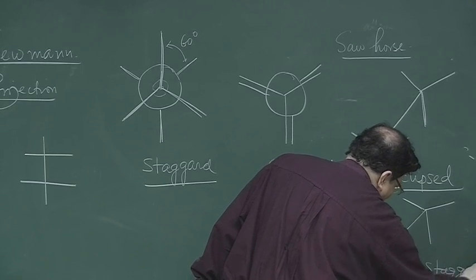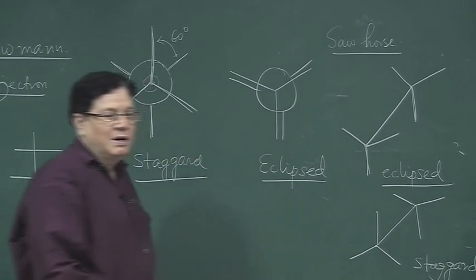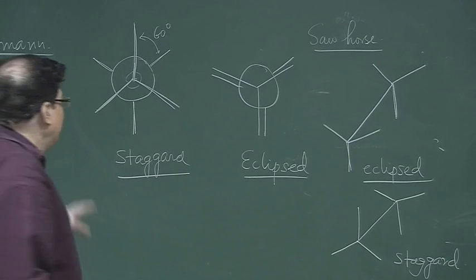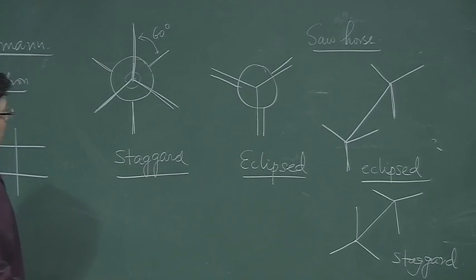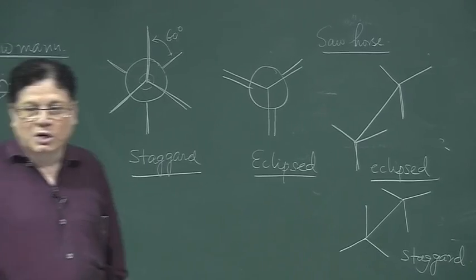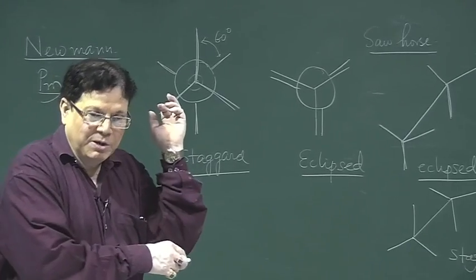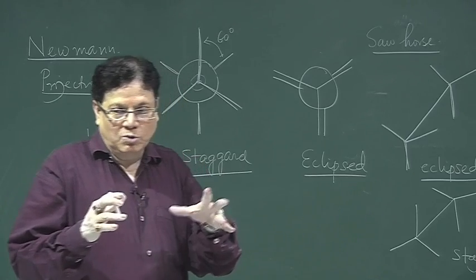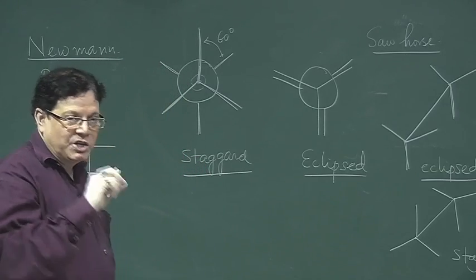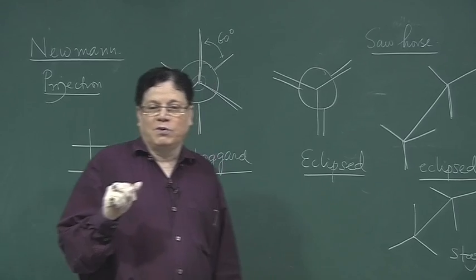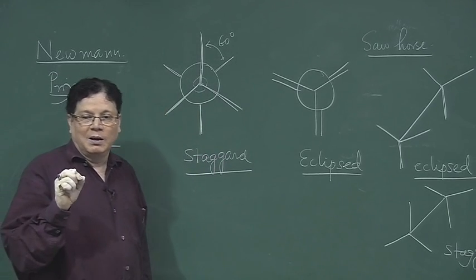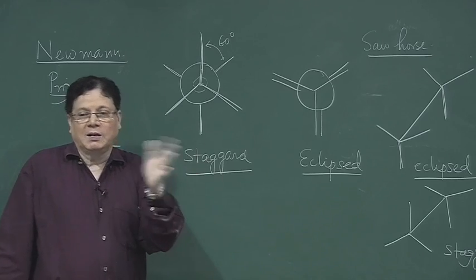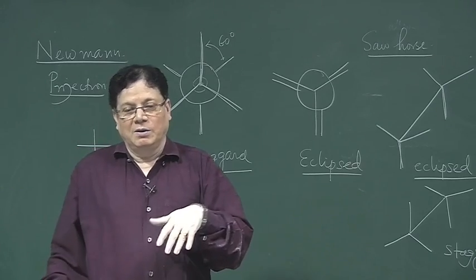So, this is the staggered form. Okay. So, basically what we have done in these past few lectures is, first of all, how to represent the 3-dimensional molecule in 2 dimensions. We started with the wedge formula. The wedge formula is a correct 3-dimensional representation, where the bonds are appropriately shown, whether they are above the plane or below the plane.